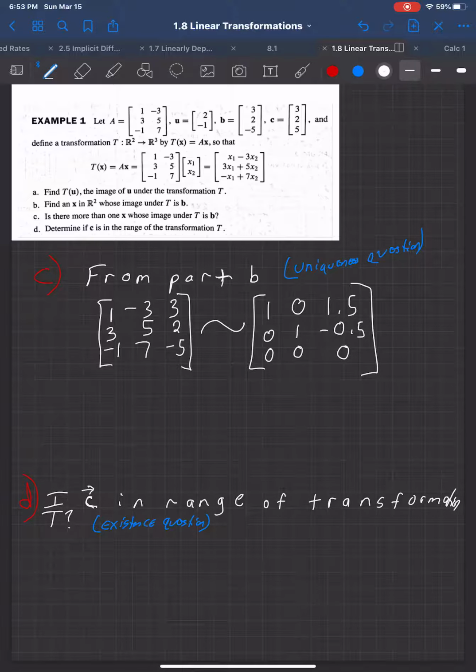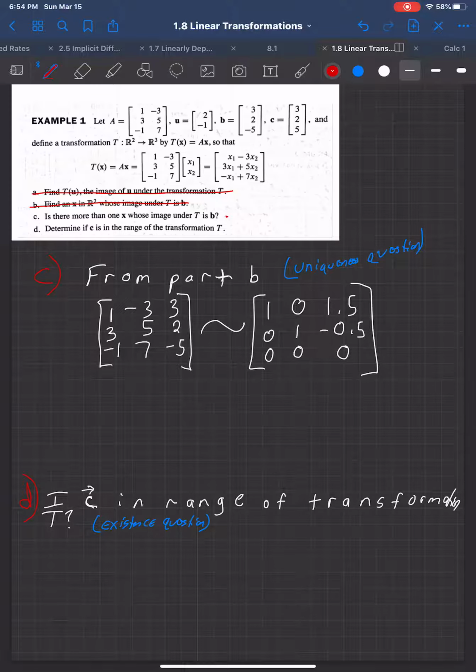So part B reads as follows. My apologies, part C reads as follows. I'm going to cross out A, and I'm going to cross out B. We're done there. It says, is there more than one x in R2 whose image under T is B?